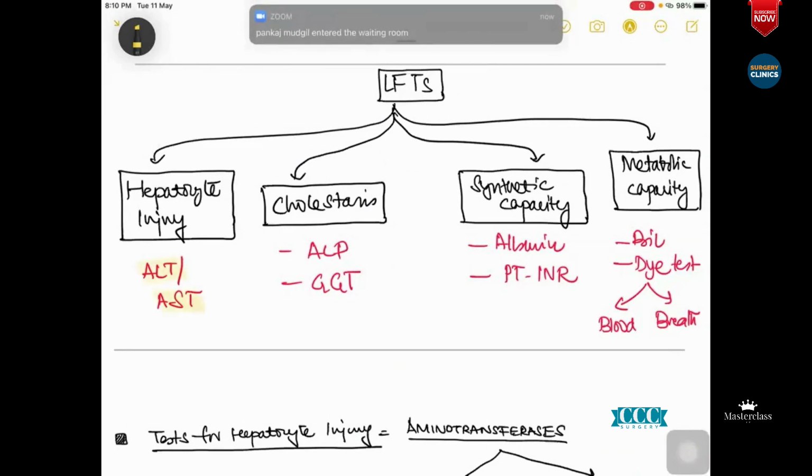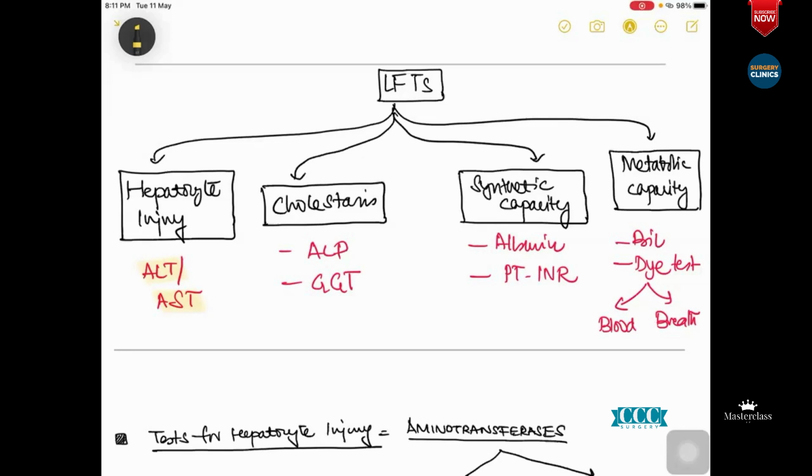You can have cholestasis, which means there is an obstruction to the drainage of bile. It can be an intrahepatic obstruction or an extrahepatic obstruction. Now, that will cause a rise in a few other parameters like your alkaline phosphatase and your GGT, right? Now, a few tests also help you analyze the synthetic capacity of the liver, which means how well the hepatocyte is functioning. This will be given by albumin and PT-INR.